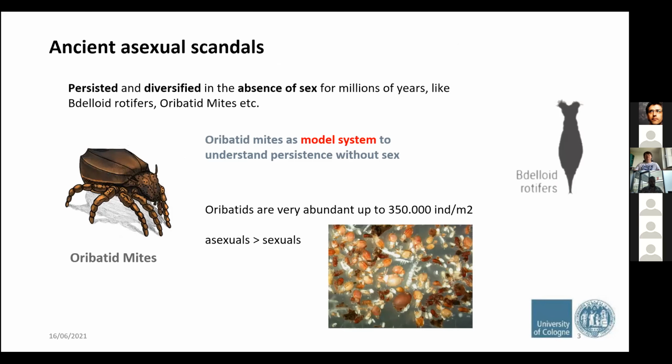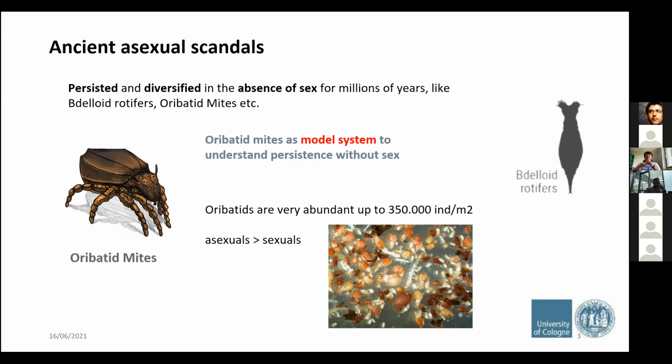Despite sex being considered a requirement for species persistence, there are still some ancient asexual scandals. Organisms that have persisted without sex for millions of years, like bdelloid rotifers and oribatid mites.